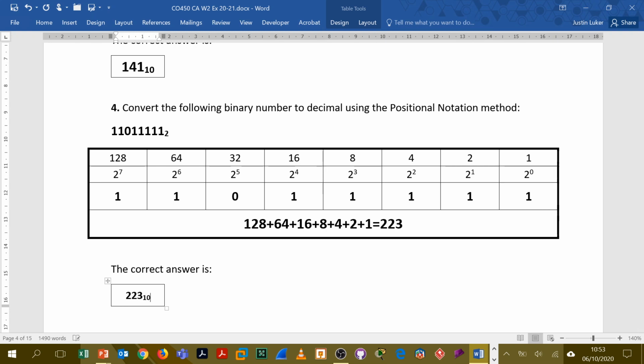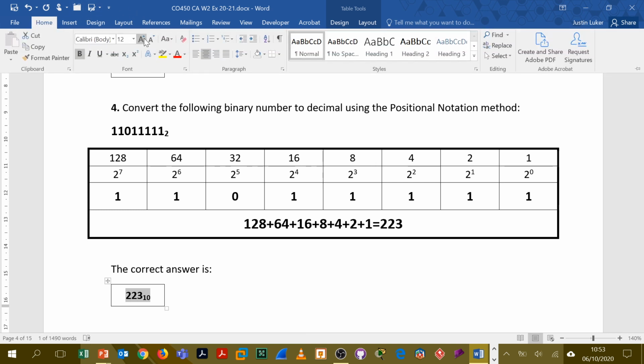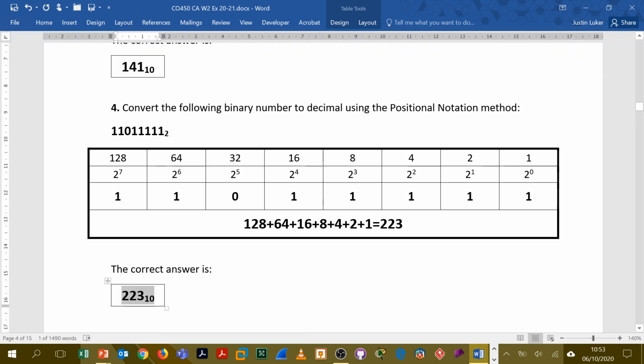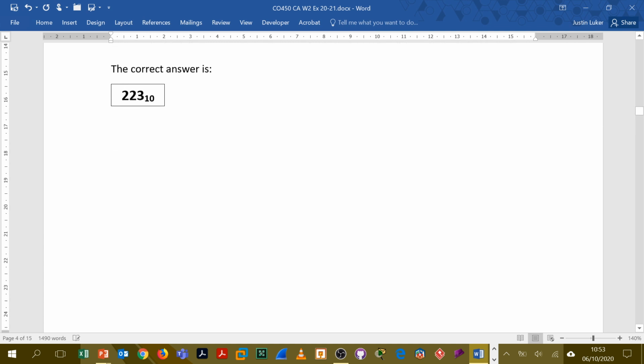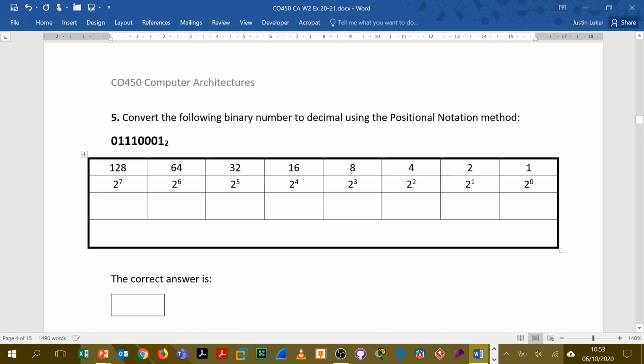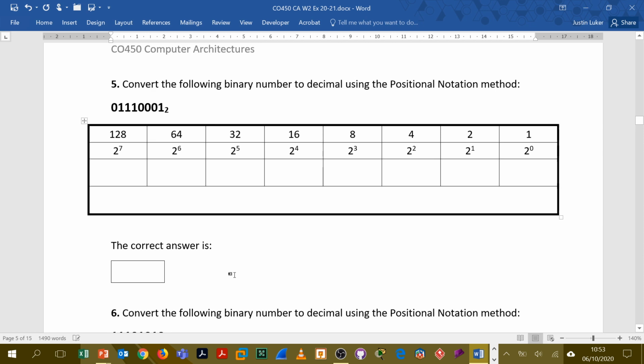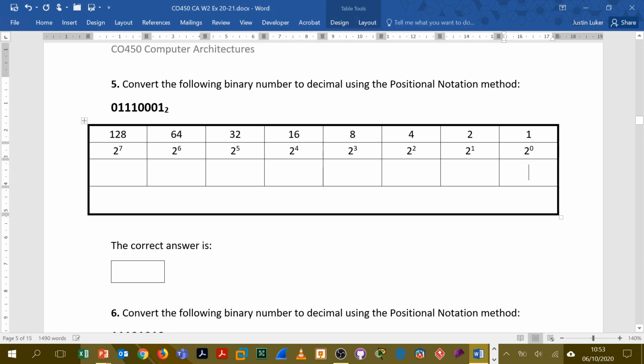And that's the base 10. A bit bigger. And if we come down, I've one to do. It pays to do a few of these just when you're getting started, to get yourself familiar.